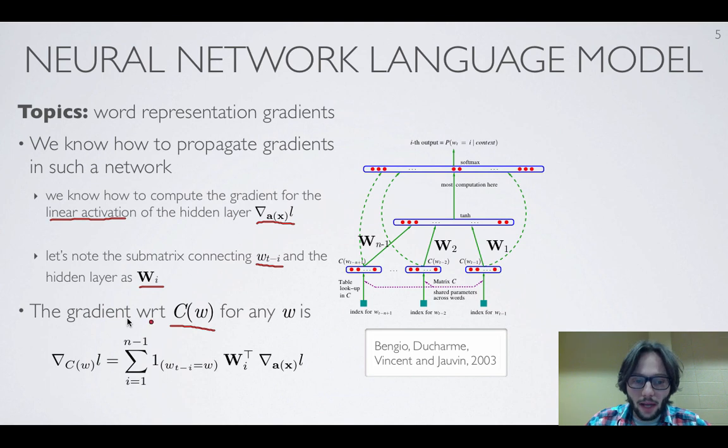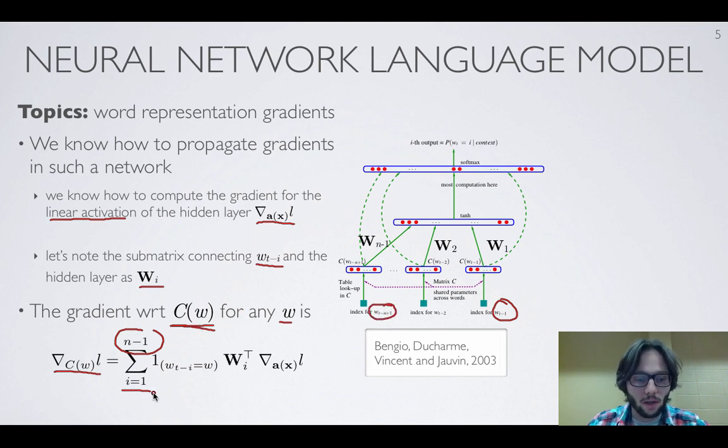So we can show that the gradient of any word representation C(w), so for any word w, is going to be this expression, where we sum over all relative positions in the context from i equals 1, so that's this word here, to i equals n minus 1, so that's this word here.